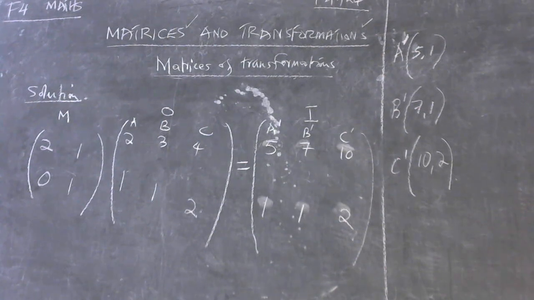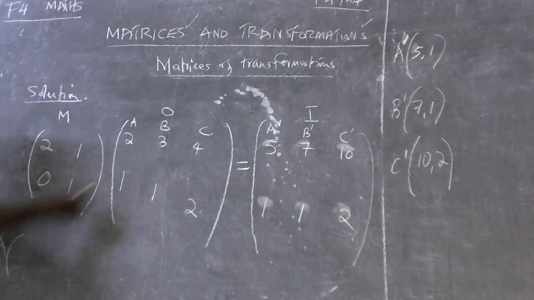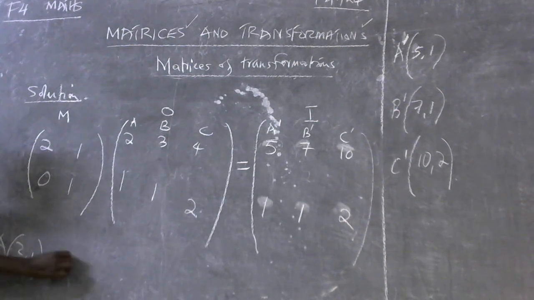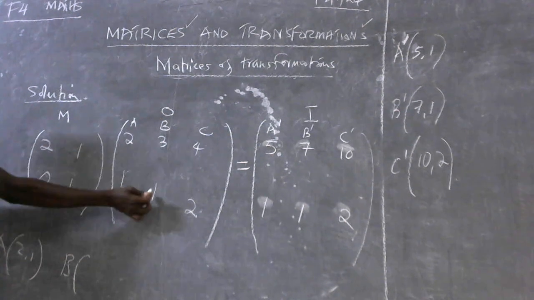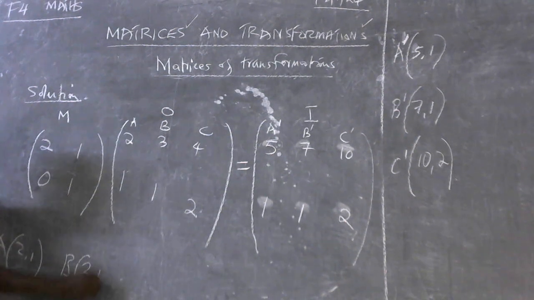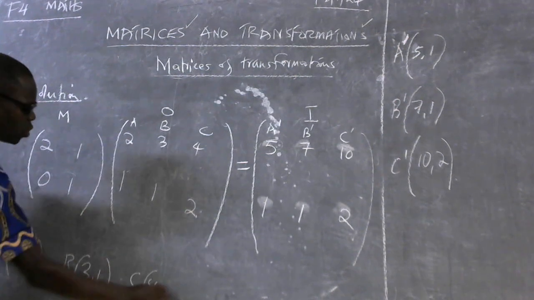But as for now, we'll draw them later, because the object you have is A (2, 1), B (3, 1), C (4, 2).